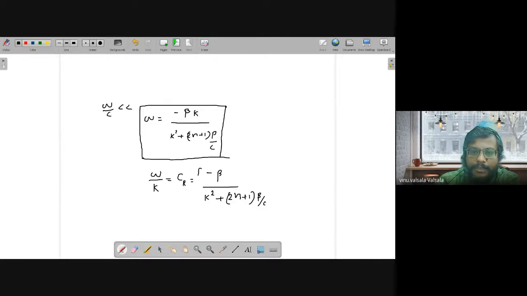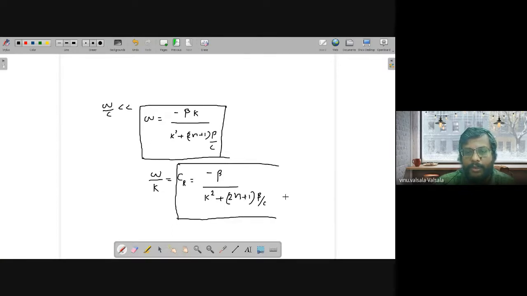This is the dispersion relation, or the speed of the wave we arrived at for the condition that frequency is very, very small.